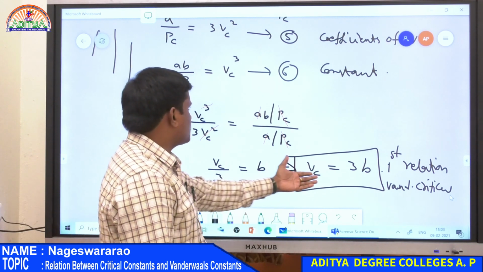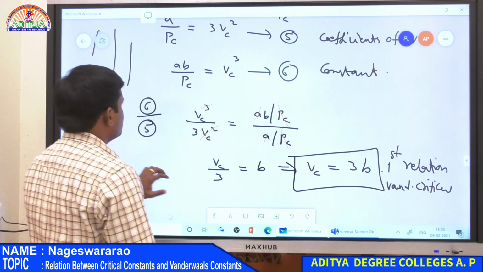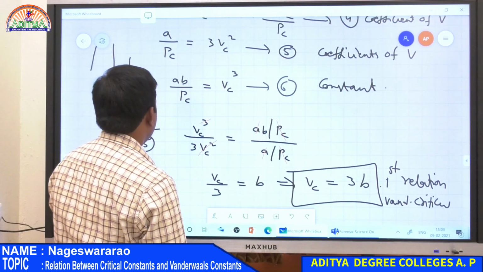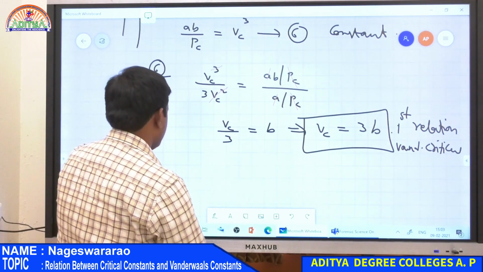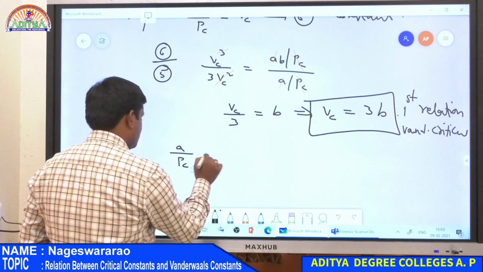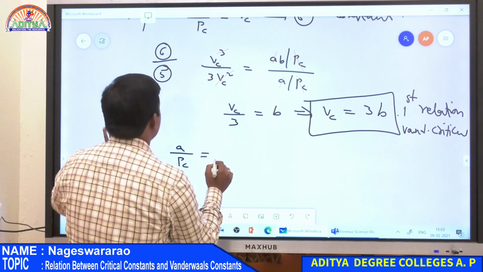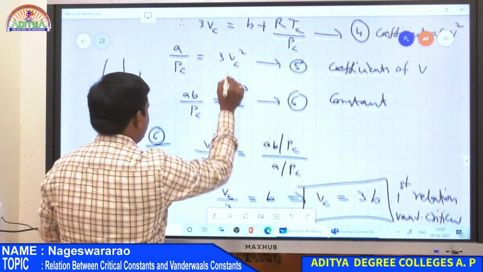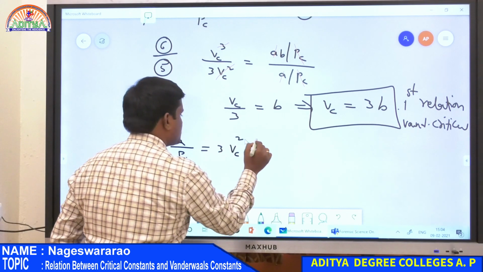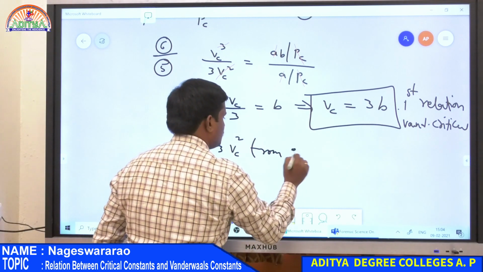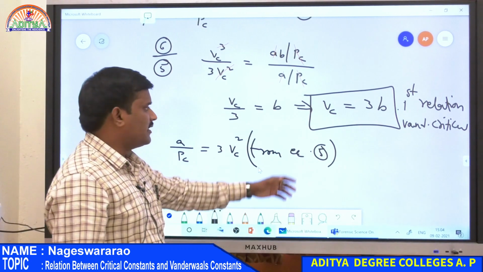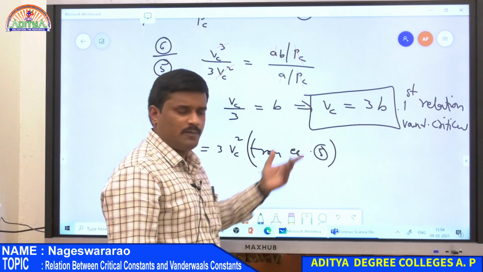Now using this equation, substitute it in equation number 5. What is 5? A by Pc is equal to 3Vc square. So this is from equation 5. But already you derived a Vc value that is equal to 3B.